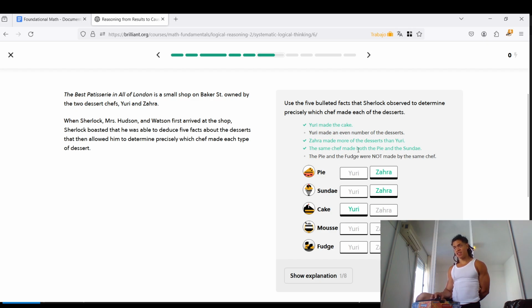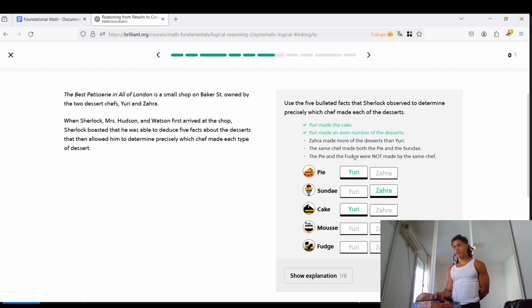The pie and the fudge were not made by the same chef. So the pie and the mousse were not made by the same chef as the sundae. Okay. All right, so it might be Judy.